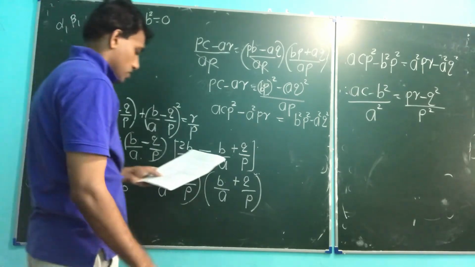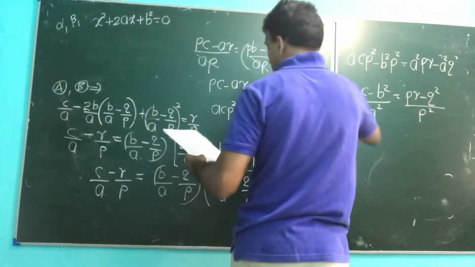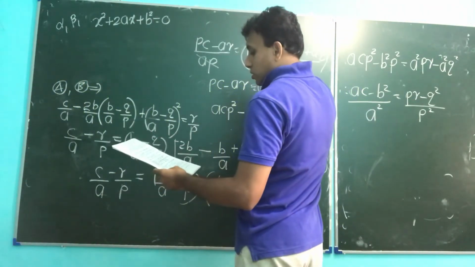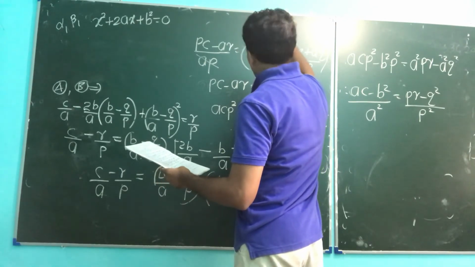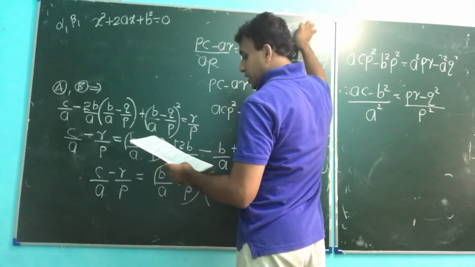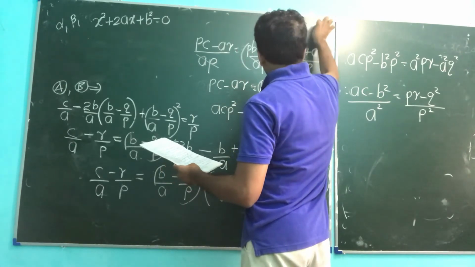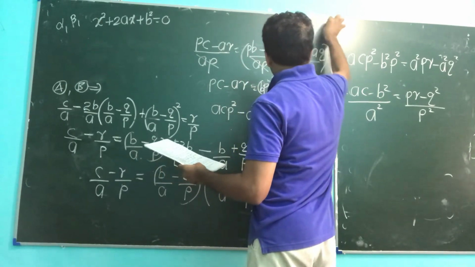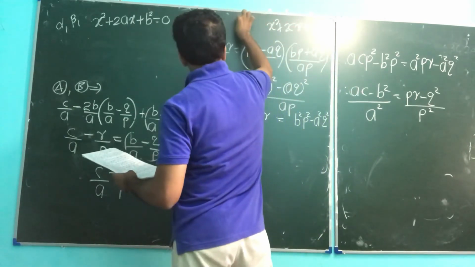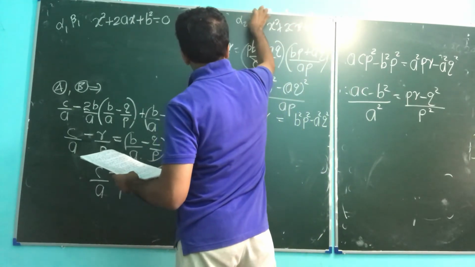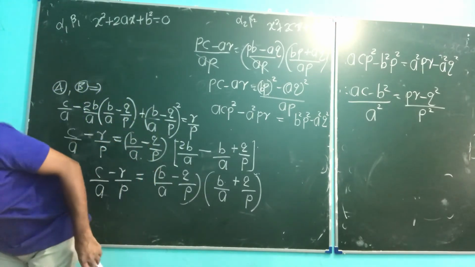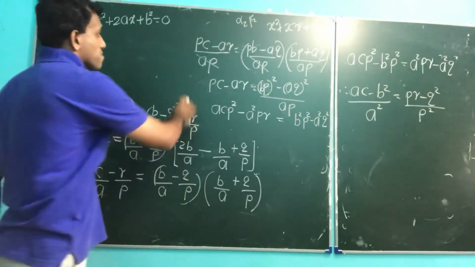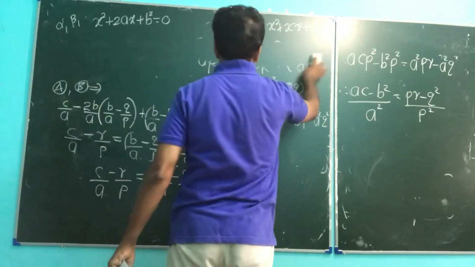Okay. The roots of the equation x square plus 2cx plus d square are alpha 2 and beta 2. And the important question, I'll write this.